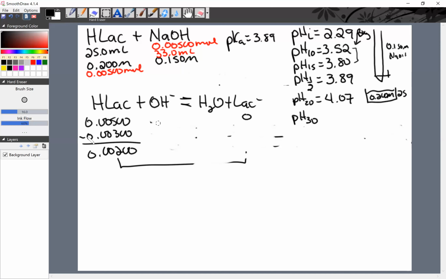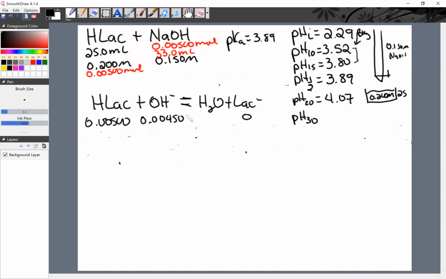All right, at 30 milliliters, how many moles have we added? 0.0045. Did I hear that correctly? Yes. Okay. Do I have enough acid to sop up all that base? Yes.